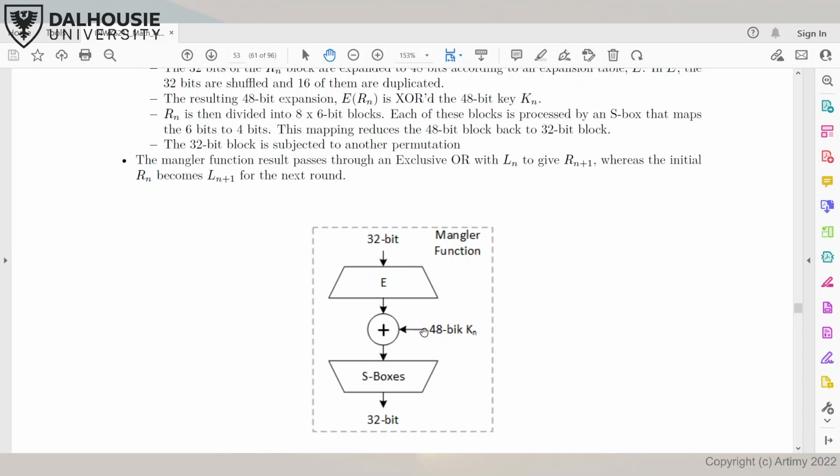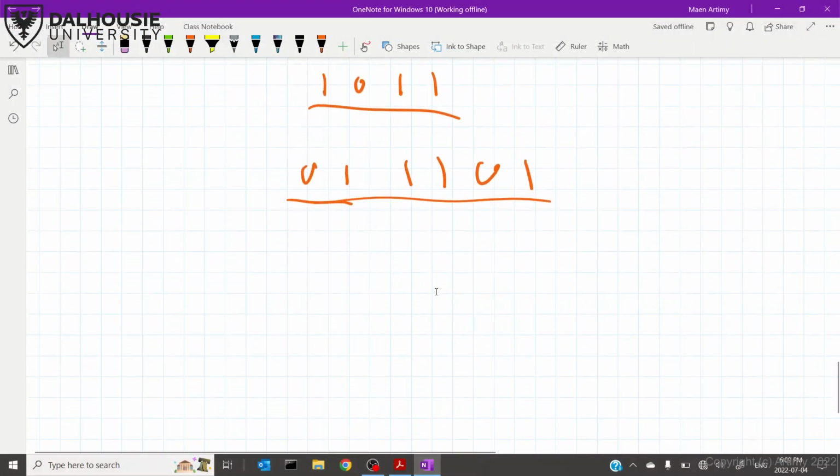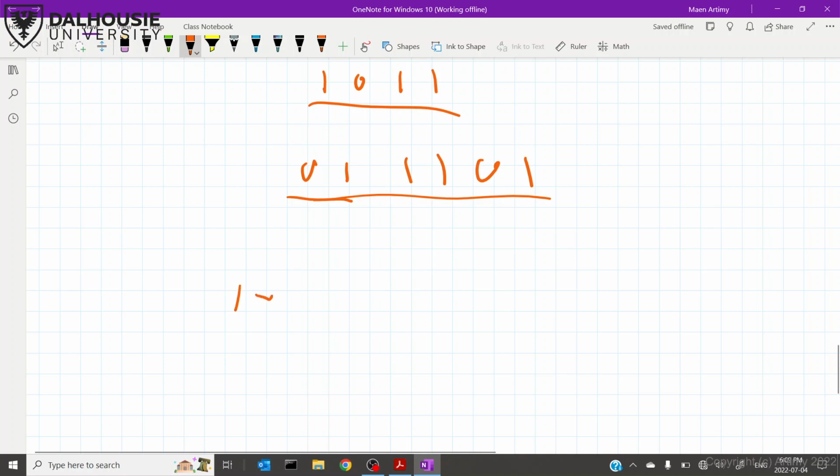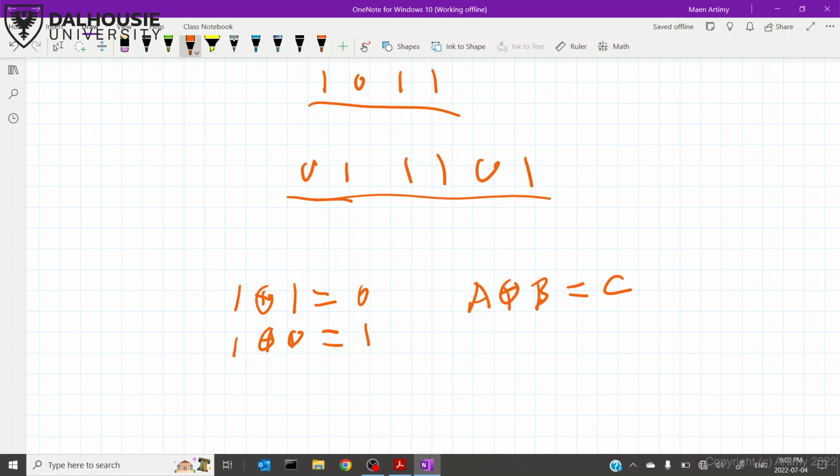Because when we XOR something with itself, so if I say 1 XOR 1 gives 0, and 1 XOR 0 is 1, and if we say A XOR B is C, but if I XOR that again with B, we get A again.